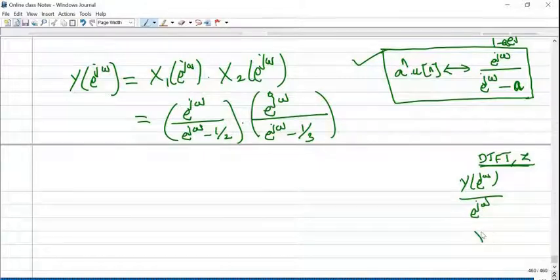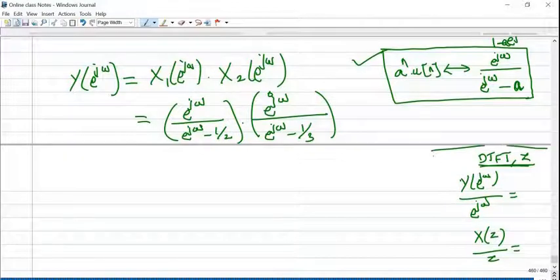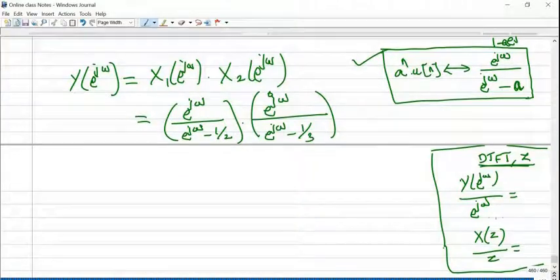Similarly, in Z transform, we always keep one z on the left side during the partial fraction. Please remember this. Why? Because we have the standard formula, whose result is e power j omega divided by e power j omega minus a. At the last step, we will multiply this e power j omega on the right side.